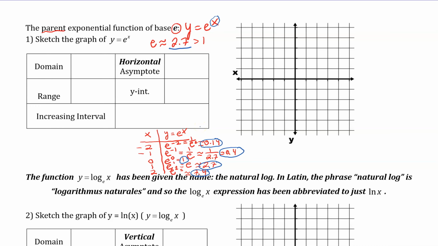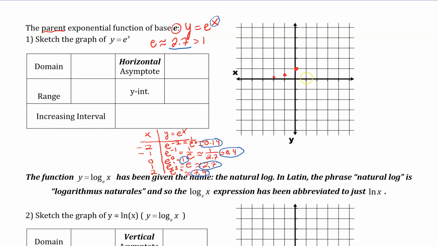So let's plot these points. So at -2, I have a number that's almost 0. It's 0.14, maybe like right there. When I go to -1 for x, I get a number that's a little bit farther away from 0, but not much. It's still less than 1, right? 0.4. When I go to 0, I get a value of 1, which is our standard y-intercept for any exponential function, (0, 1).